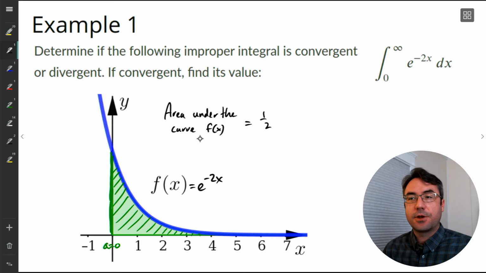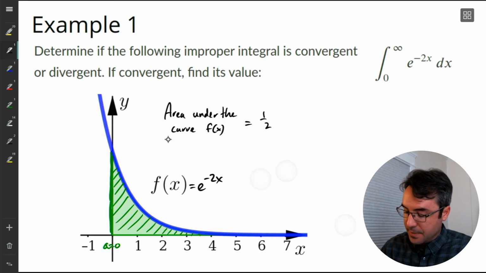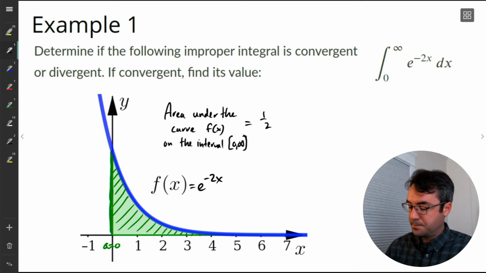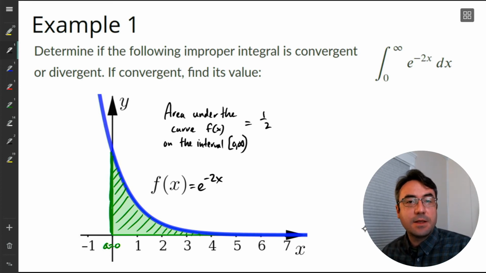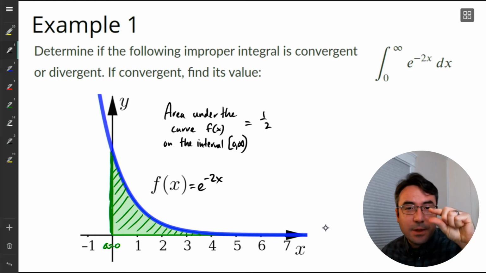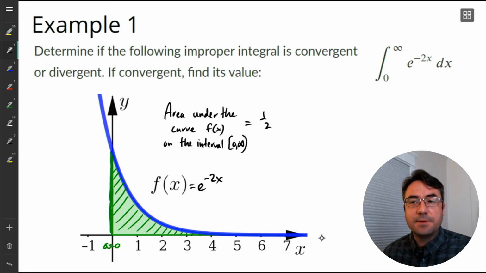So the area under the curve f of x on the interval is equal to 1/2. So even though this region, if we went really far out along the x-axis to the right here, we'd still see part of our region. It would be really thin, but we'd still see part of our region. So this region that we're finding the area of extends infinitely far to the right, but it actually has a finite area.